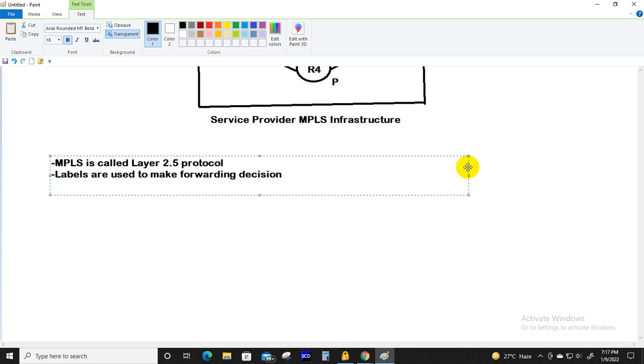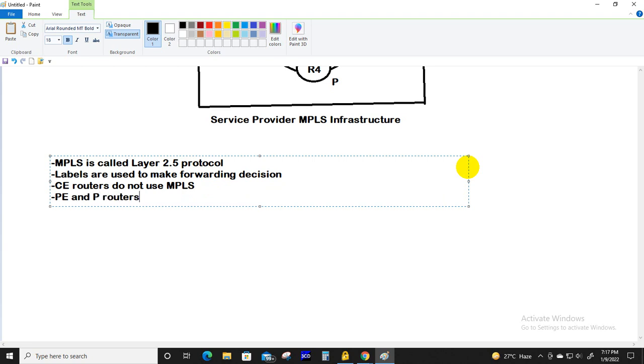And we can say CE or customer routers do not use MPLS. PE and P routers use MPLS.